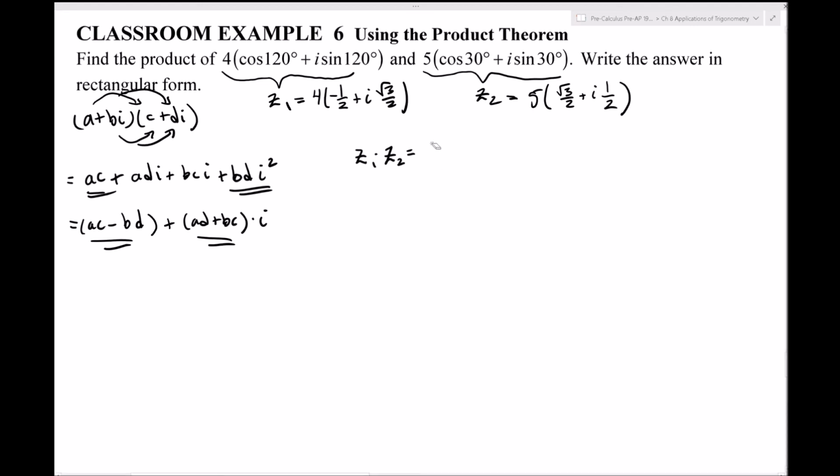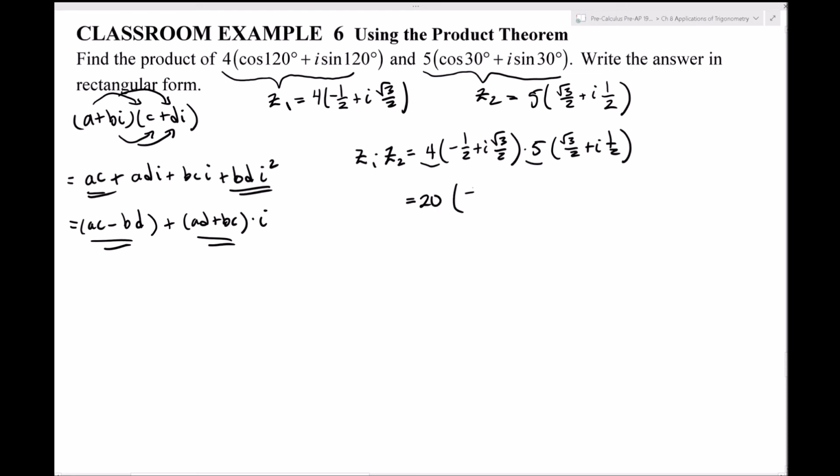So I've got to multiply both of those. So that's 4 times negative 1/2 plus i square root of 3 over 2, times 5, because we're multiplying everything, square root of 3 over 2 plus i times 1/2. So I can move things together. I'm going to move the 4 and the 5 together. Those make a 20.